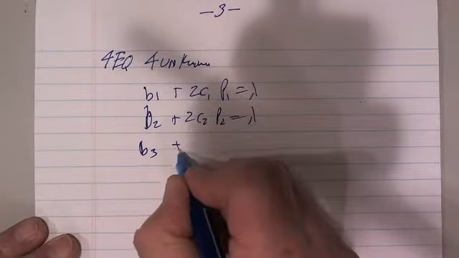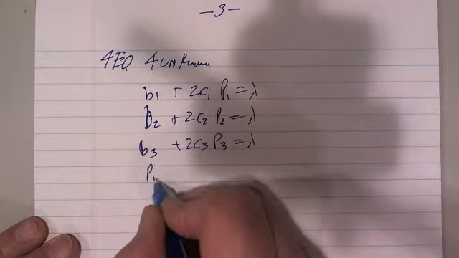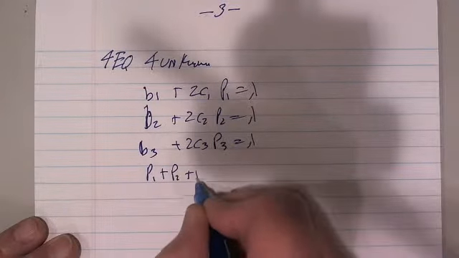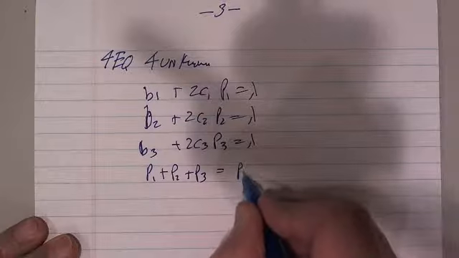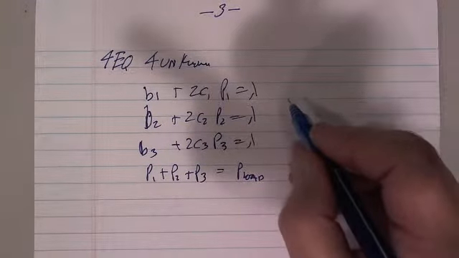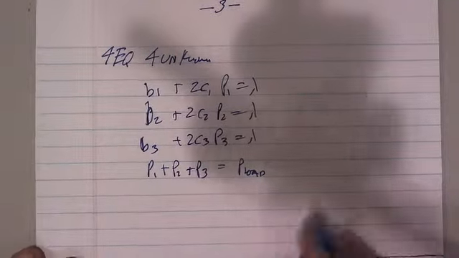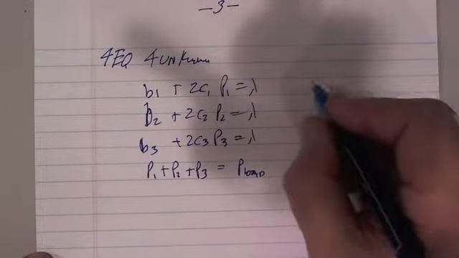And B3 plus 2C3 P3 equals lambda. P1 plus P2 plus P3 should equal P load. And the simple way to do this, other than building a 4x4 matrix and inverting it, is simply do this.